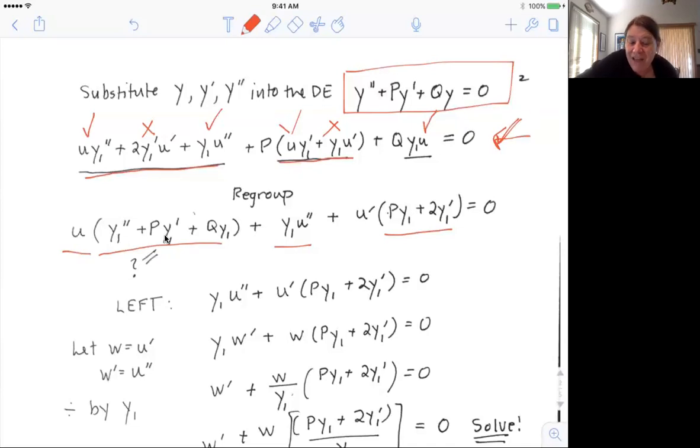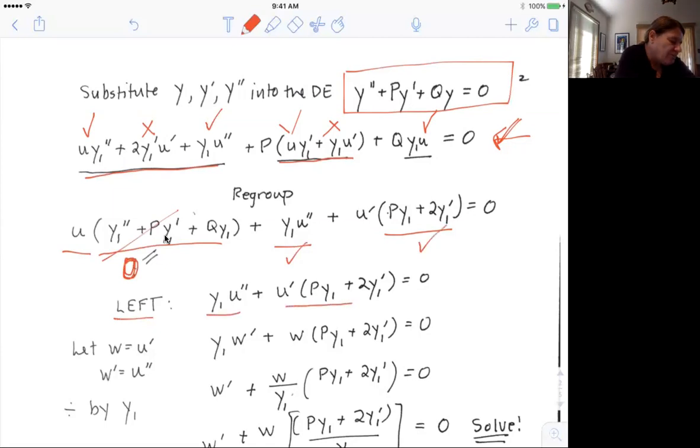Anybody? I should get 0. Yeah, I should get 0. So that thing, I regrouped that so we could see, oh, that's the solution I know. That whole term right there is going to drop out. That's good news because it was getting messy. Okay, what is left is this and this.